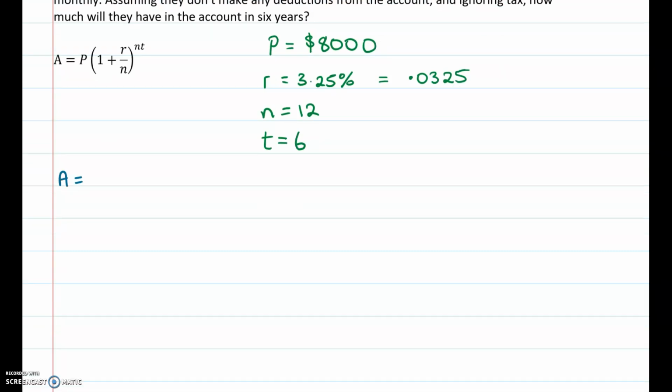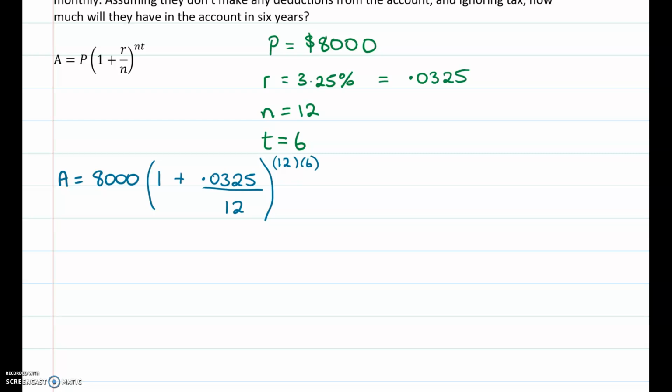Okay, so let's fill in the formula that we have above now. So A, the amount, is equal to P, which is 8,000, times 1 plus, remember R has got to be entered as a decimal, 0.0325 over N, which is 12, to the power of 12 times 6.